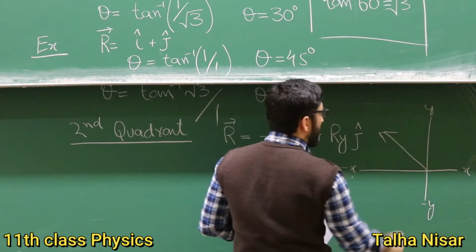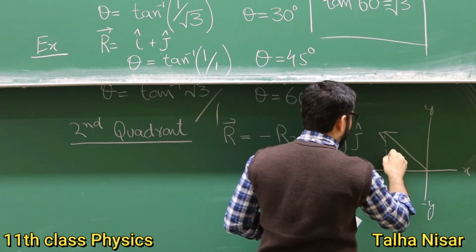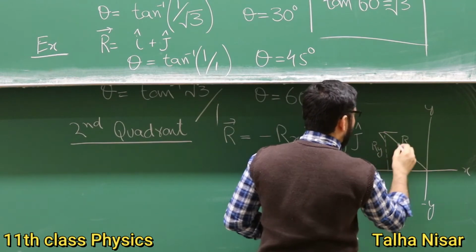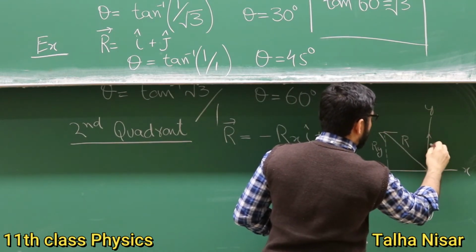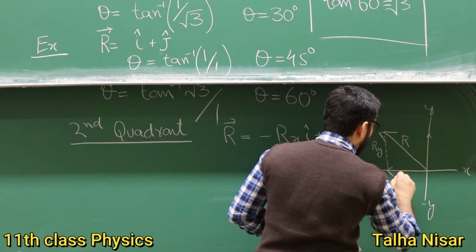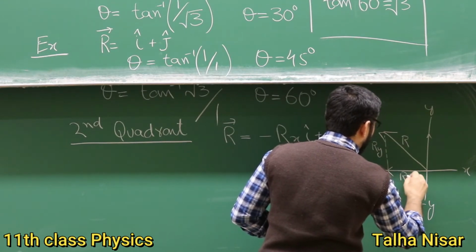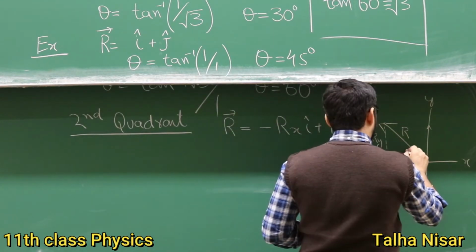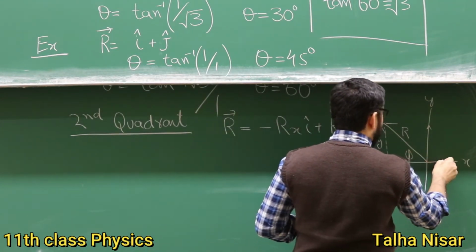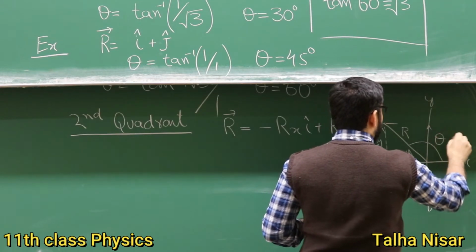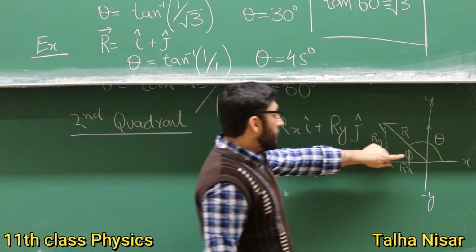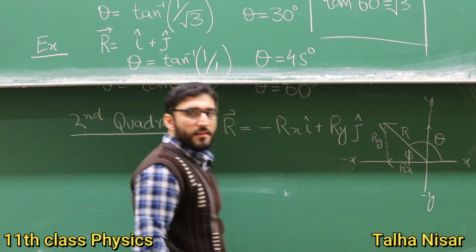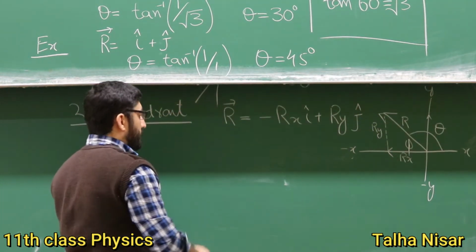So this is r, this is our ry, this is our rx, this will be our phi, and this is our theta. We will find the value of phi, and then we will calculate the value of theta.